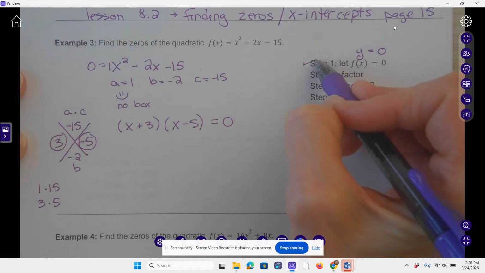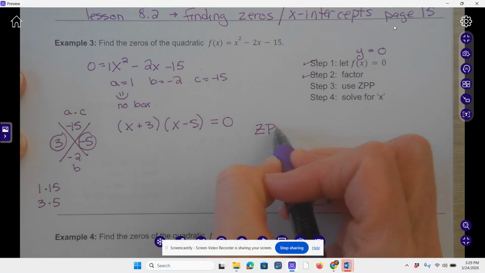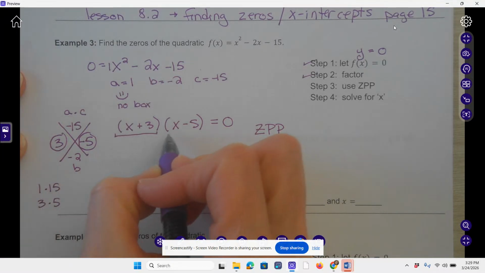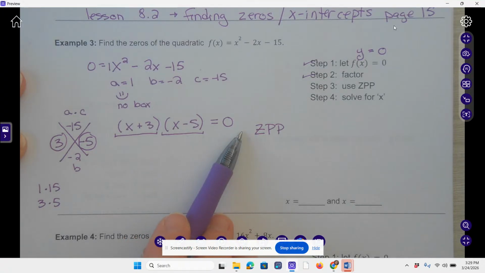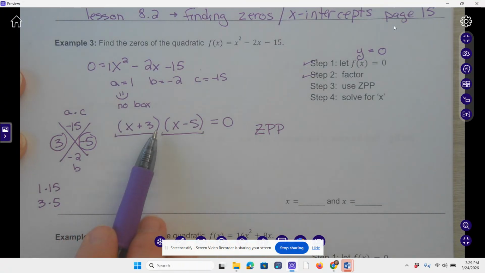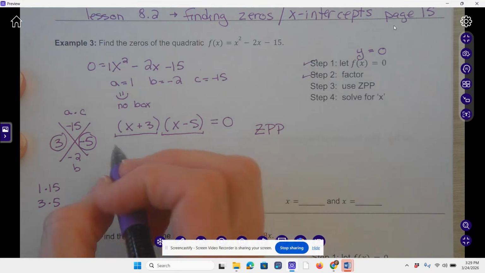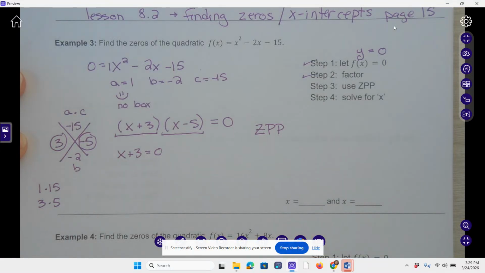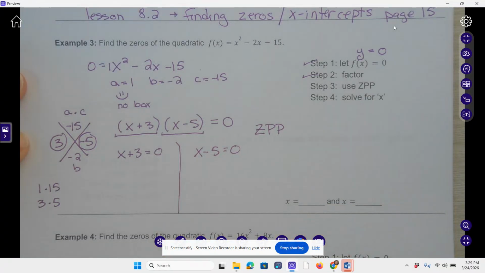So we set it equal to 0, and we factored, and now we're going to use ZPP, zero product property, which says if you have two anythings really multiplied together and your answer is 0, so we are multiplying two binomials together, and our answer is 0, which means either our first binomial equals 0, and I'm just going to draw a line here, or our second binomial equals 0.